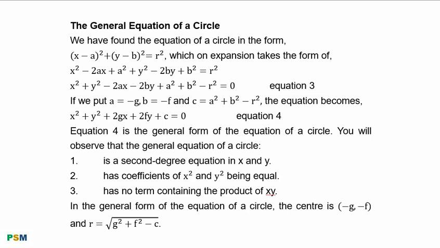We have found the equation of a circle in the form (x - a)^2 + (y - b)^2 = r^2, which on expansion takes the form of x^2 - 2ax + a^2 + y^2 - 2by + b^2 = r^2.